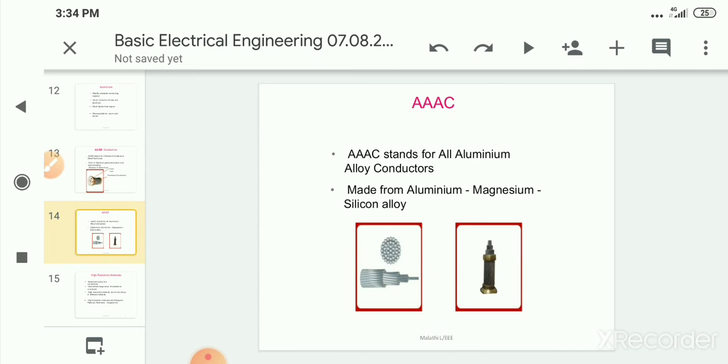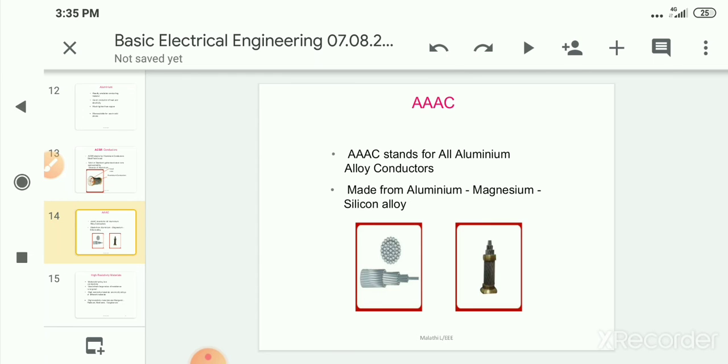After that, another thing is also there. AAAC. What is this? It stands for all aluminum alloy conductors, made of aluminum, magnesium, silicon alloy.